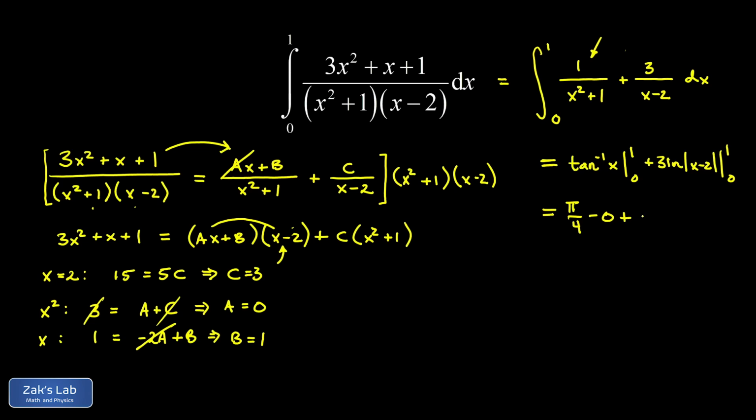Well, the natural log of 1 is 0, so I get a 0 out of that. And then I subtract 3 natural log absolute value of 0 minus 2, but the absolute value of negative 2 is just 2. So I end up with a negative 3 natural log 2 there. And we clean things up just a little bit. I have pi over 4 minus 3 natural log 2.